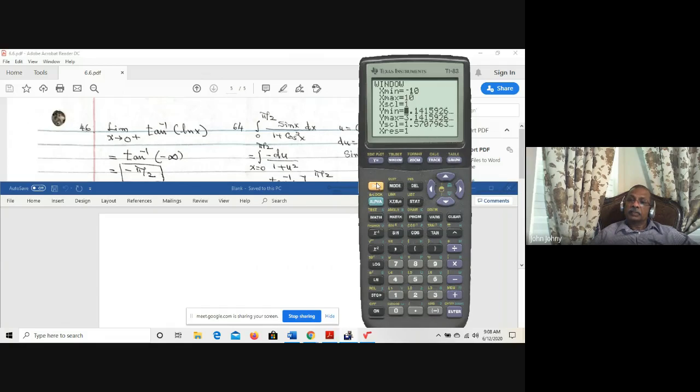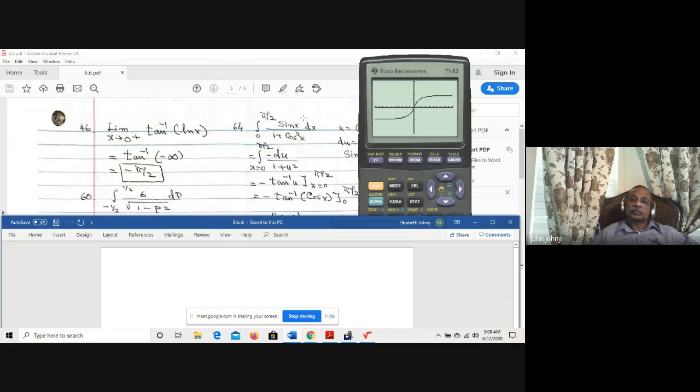Y minimum is negative pi. See, this is negative pi over 2. Next scale is negative pi over 2. So in the long run, as x approaches negative infinity, tan inverse becomes negative pi over 2. So the limit is negative pi over 2.